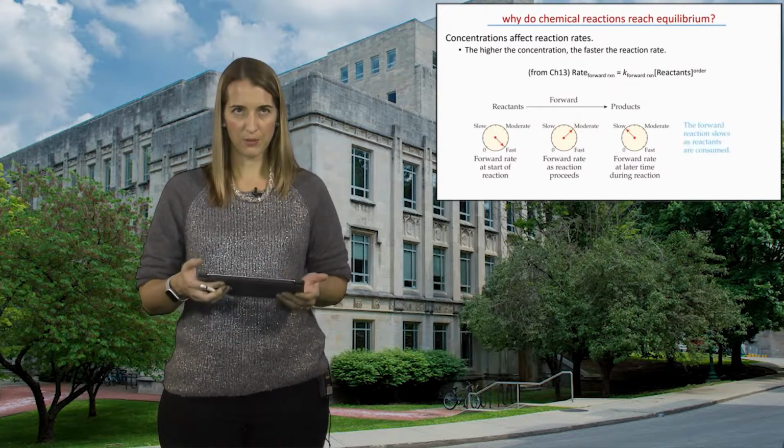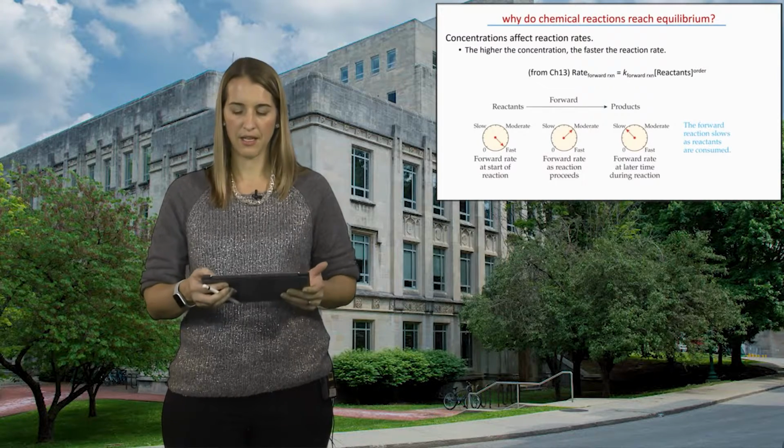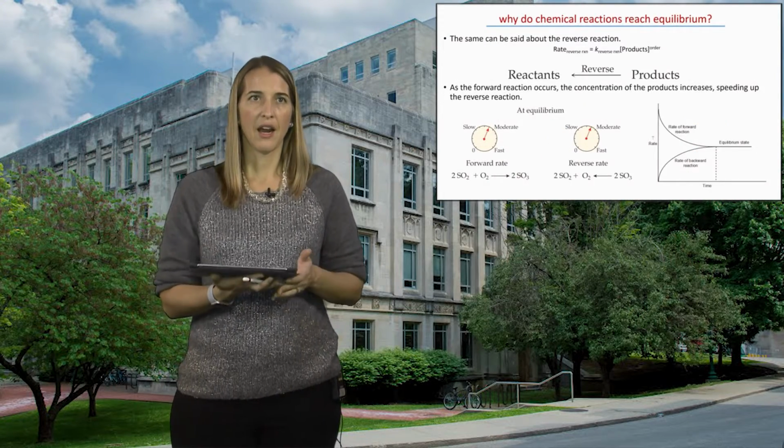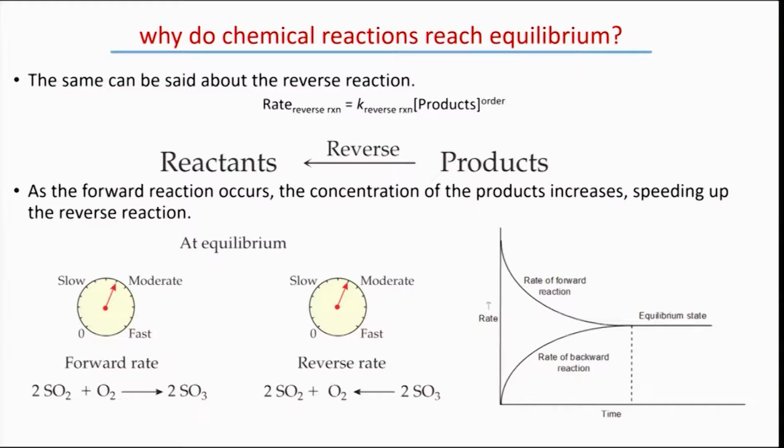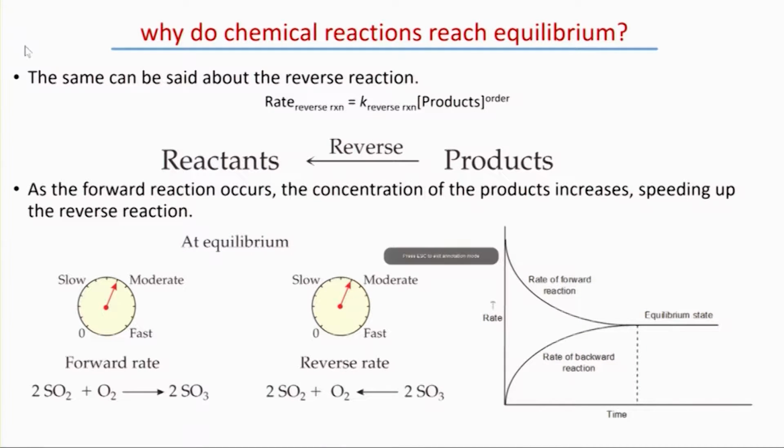Let's look at the reverse reaction as well to get this understanding complete. The same thing can be said about the reverse reaction and its rate. Again, the rate of the reverse reaction will be equal to some K for the reverse times the concentration of the products, raised to some order as well. Again, kinetic data can show you what that would be. Now the reverse is going products to reactants.